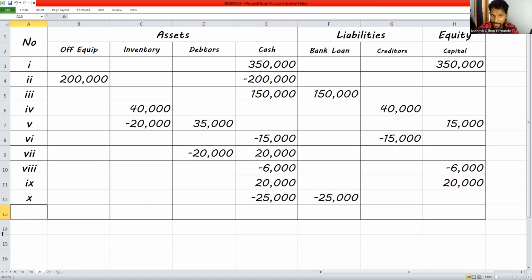Okay. Therefore, this is how you record the transactions in activity number 21. Let's take the closing balances.